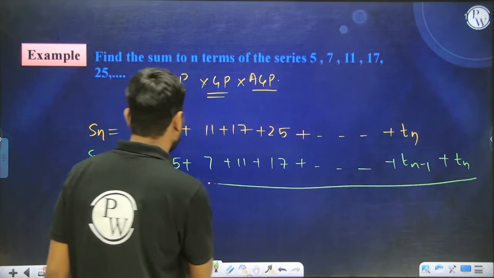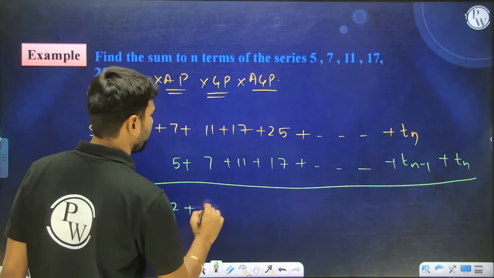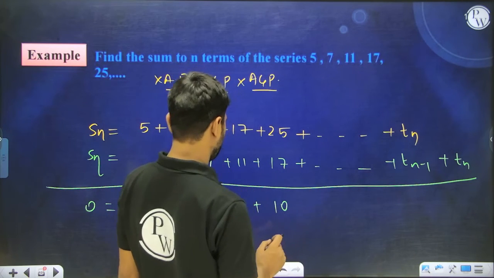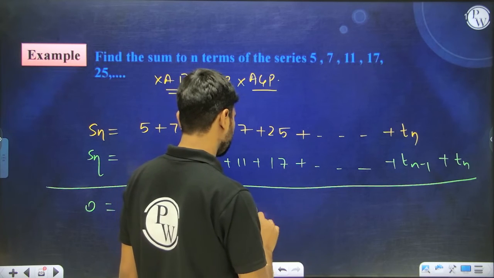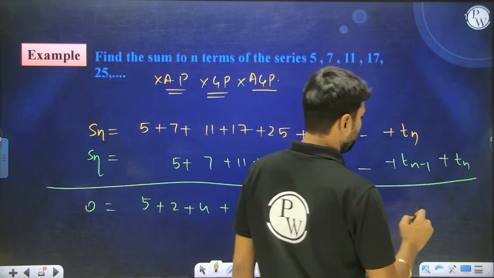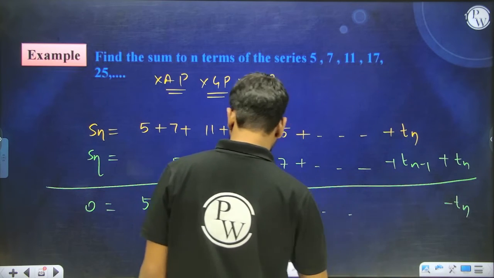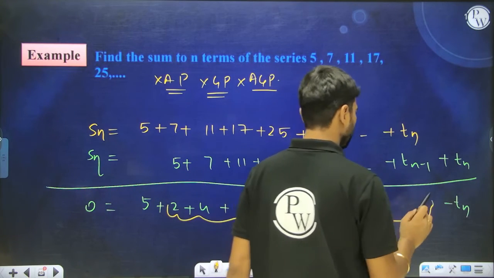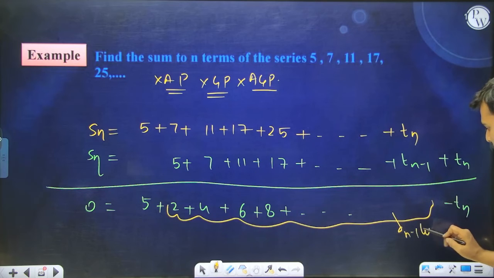Okay, the moment you subtract these, over here you get 0, over here 5 plus 2 plus 4 plus 6 plus 8 and so on till minus Tn. So from here to here, how many terms are these? n minus 1 terms, n minus 1 terms.